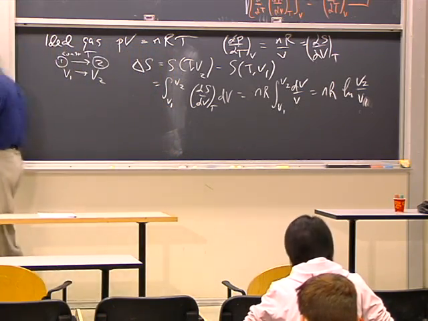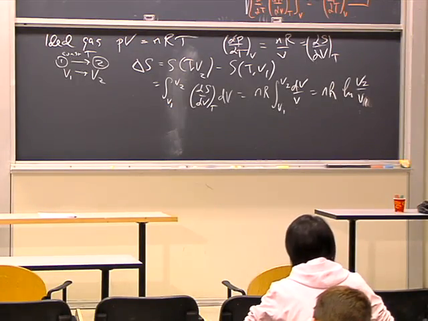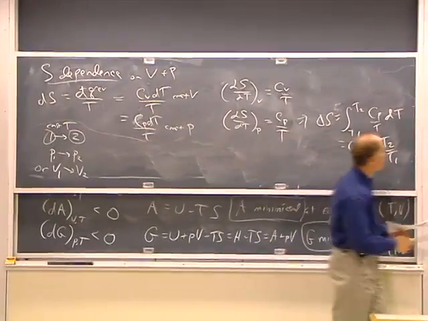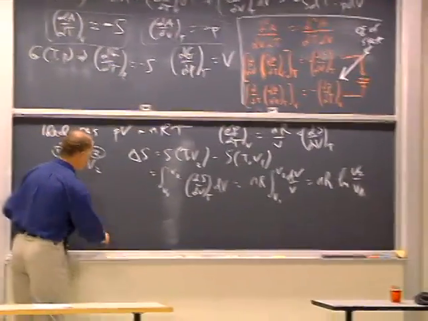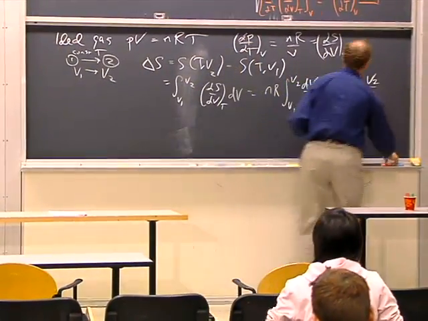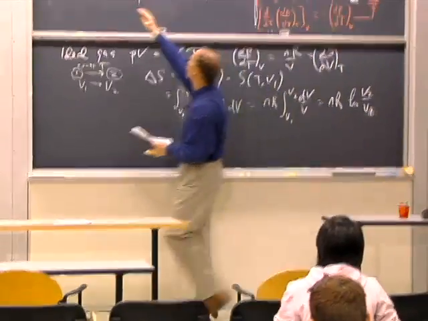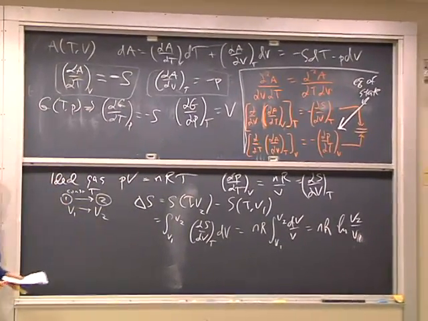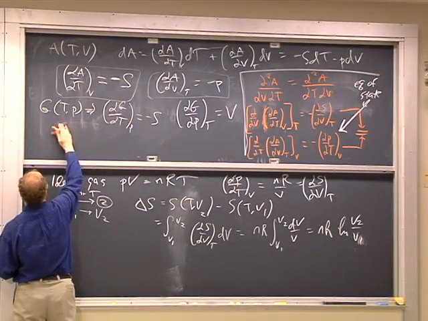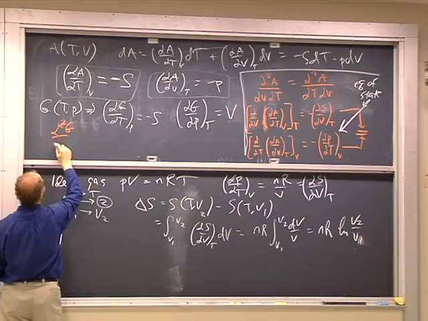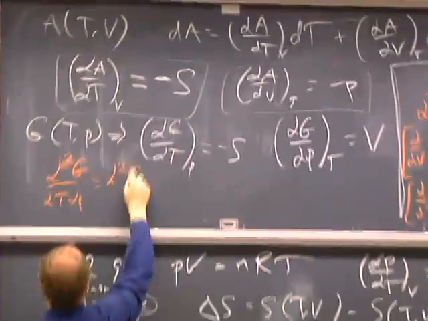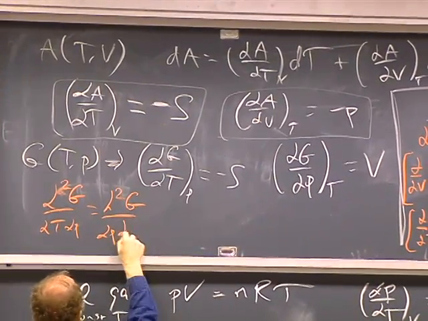Now, we can do the same procedure for the pressure change. And all we do is, I'll just outline this. I think I won't write it all on the board. But of course, it's going to come from the fact that these second derivatives are also equal. Right? So d squared G/dT dP is equal to d squared G/dP dT.